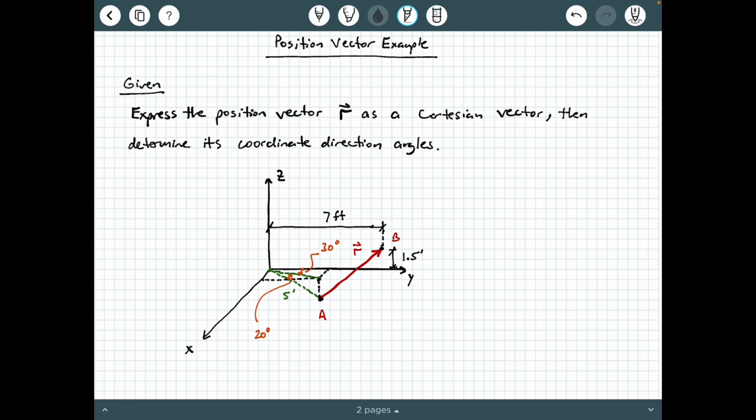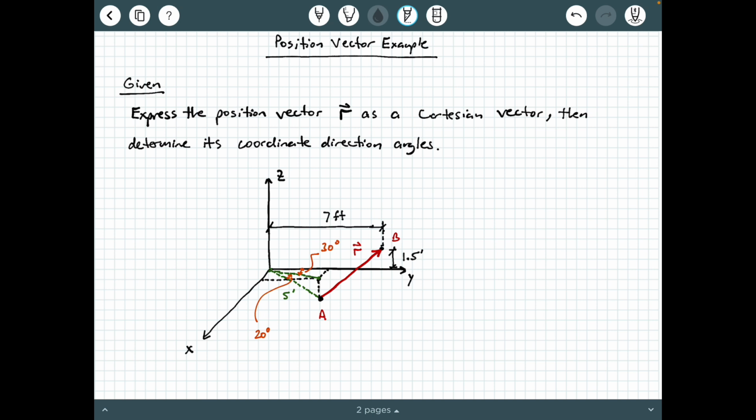First, the point A here is below the XY plane, okay? It's below that XY plane, which really means it has a negative Z component. So this point A here has a negative Z component that's defined by this little dashed line right here. Now, if we were to extend a little help line or a projected line from the origin to point A, that's this green dash line we have here.